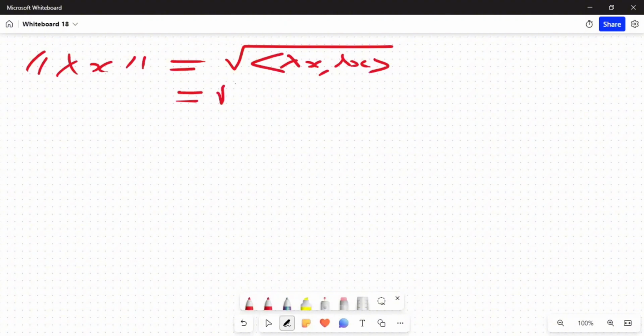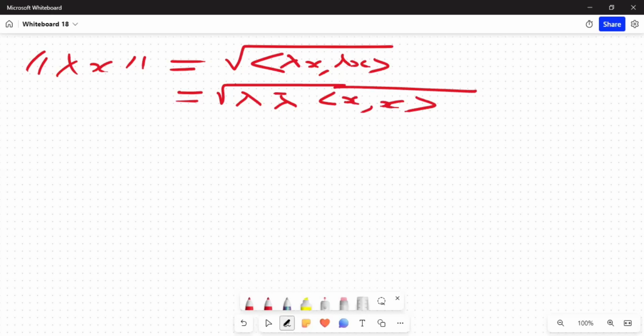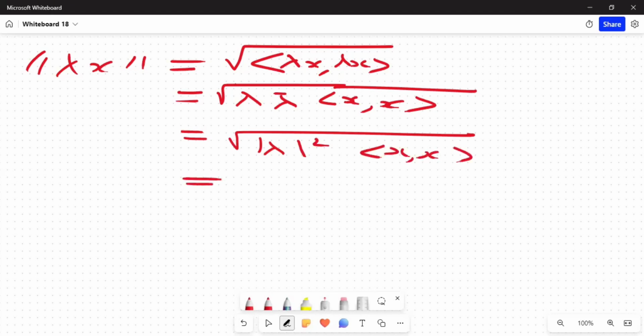This will be lambda for this one, lambda conjugate for this one, times the inner product of x comma x. I'm sure you remember. This will be the inner product, and lambda times lambda conjugate is simply lambda squared. Is it not? Inner product of x comma x.